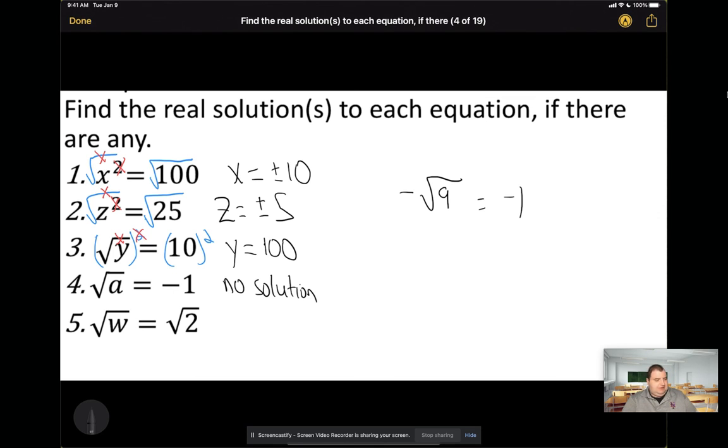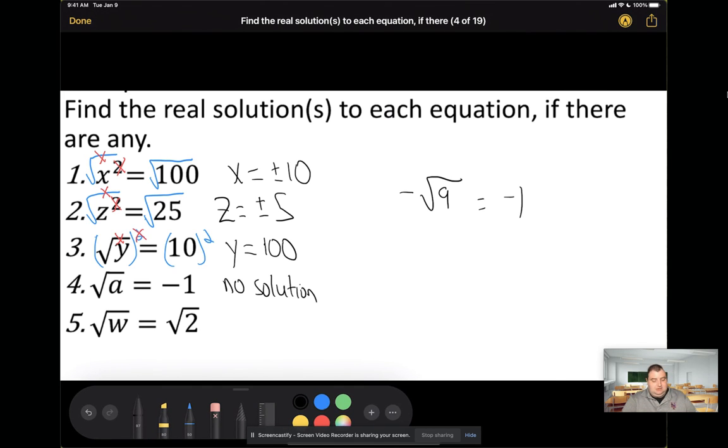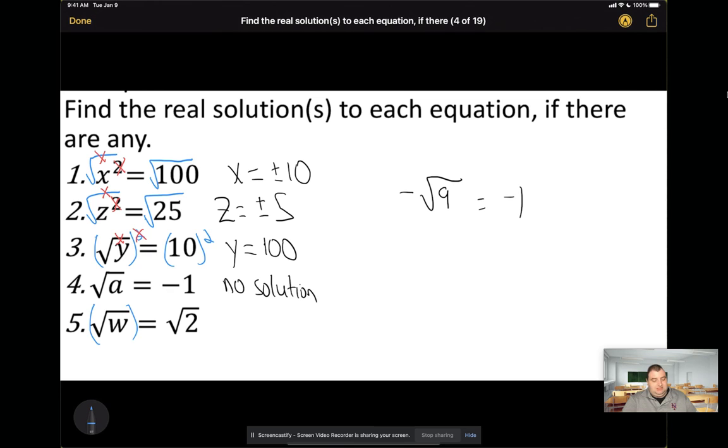Number 5 looks interesting. It looks different because I have a square root on both sides of the equal sign, but the key is these are both positives. I have the positive square root of w equals the positive square root of 2. So this indeed is a solvable equation in the real number system. I can still solve this by squaring both sides.